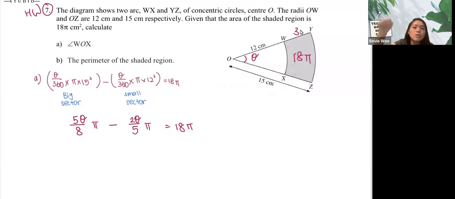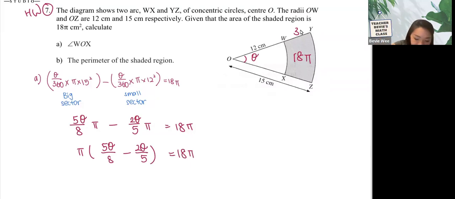I press 15 square over 360, I get 5 over 8. 12 square over 360, I get 2 over 5. Okay. From here, I'm going to factorize out my pi, and I'm going to get 18 pi. And what can I do to the pi? I can cancel it away. Okay, from here, can you help me find the value of theta?